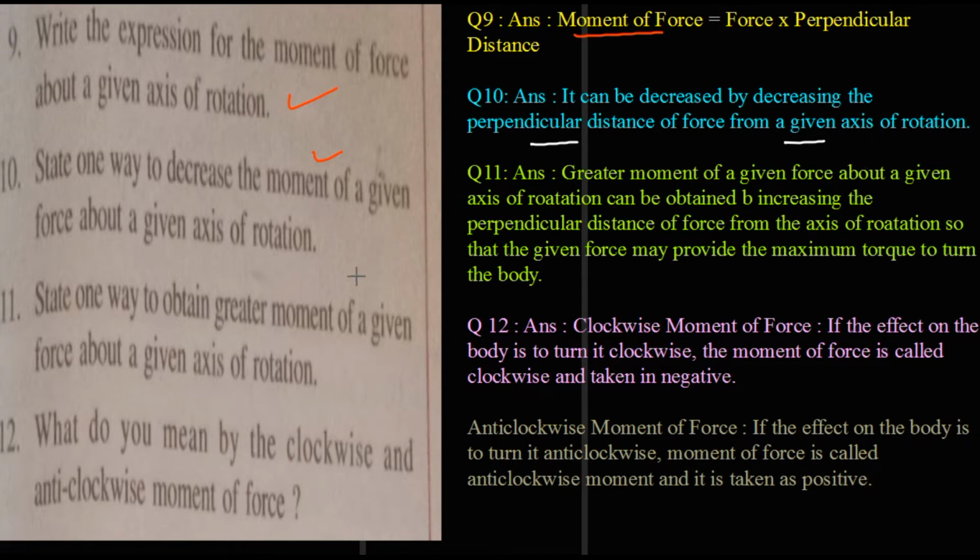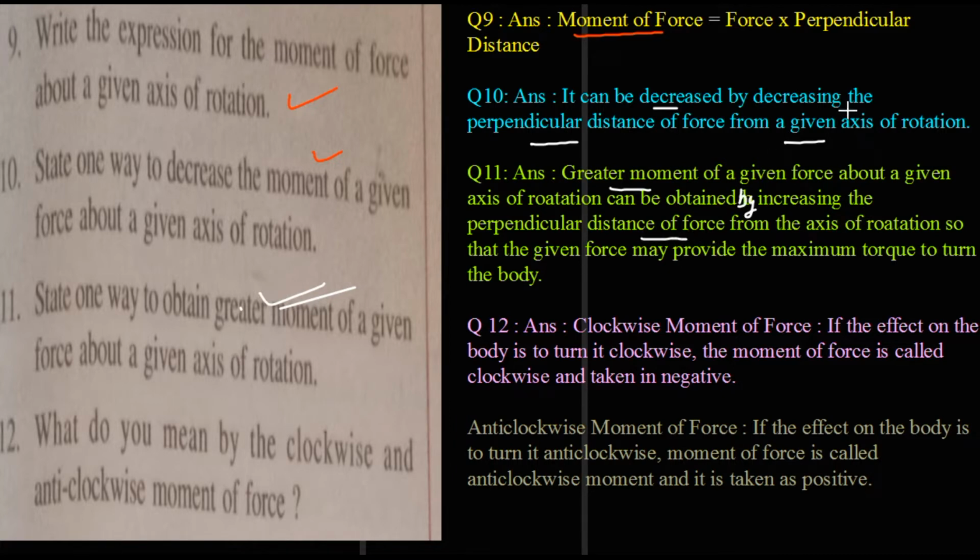So now we will move on to question number 11. Question number 11 is, state one way to obtain greater moment of a given force about a given axis of rotation. Before it was decreased. Here, greater moment of a given force about a given axis of rotation can be obtained by increasing the perpendicular distance.